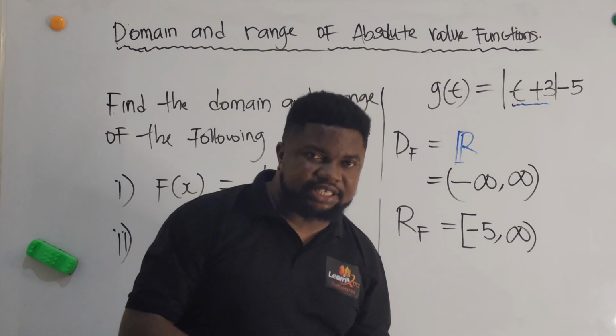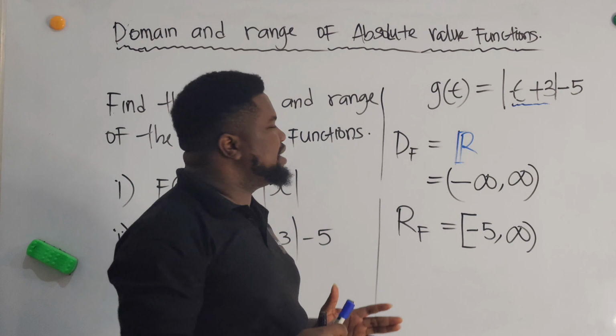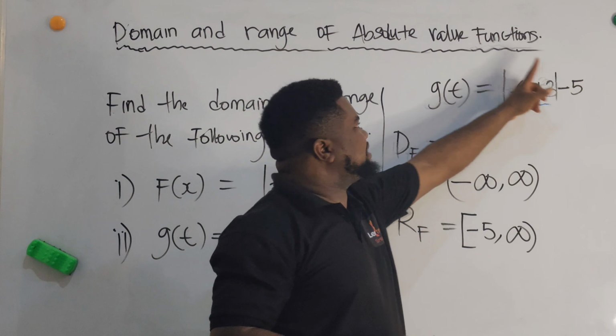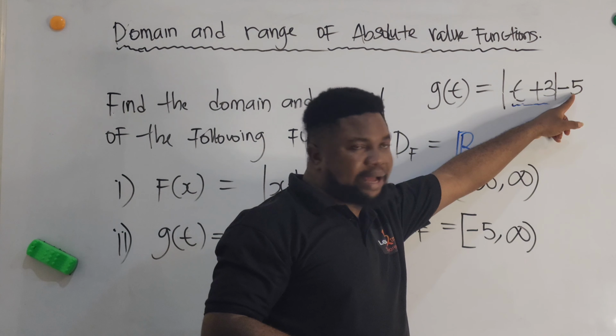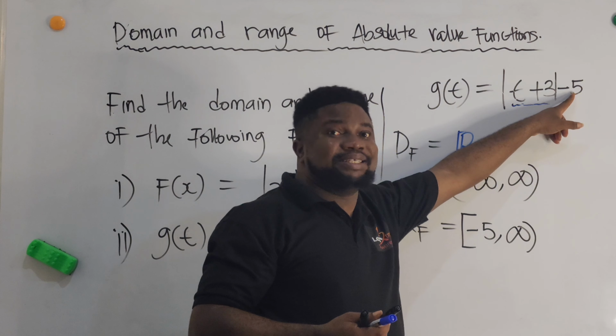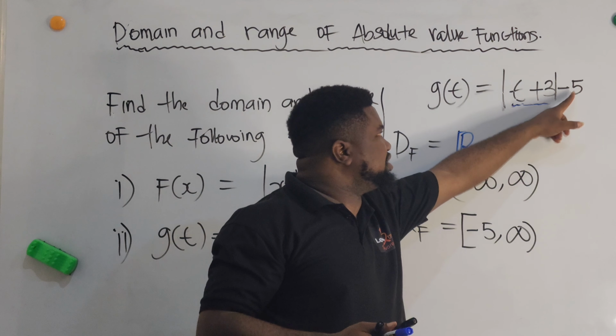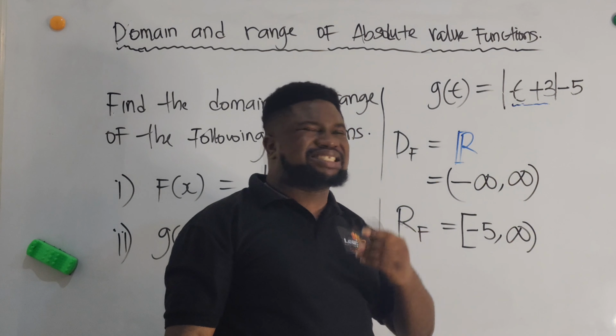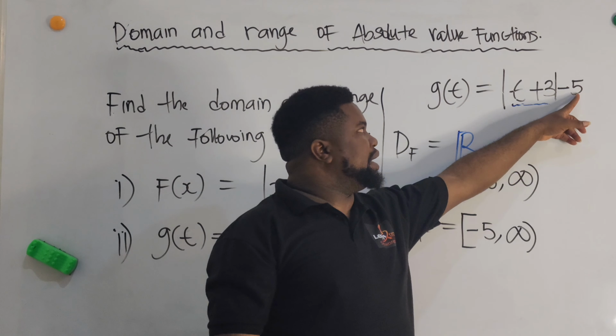What I'm saying is this: whenever you have an extension with your absolute value, an extension as a pure number, then your range starts from the extension down to infinity. Except here is not a pure number.